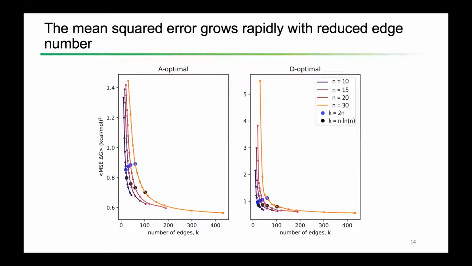And each curve is for a constant number of nodes. And so if you read along the diagonal, you have an increase in the nodes. As you read along the x-axis, the edges are increasing. And for these low edge counts below 2n, you see that the mean squared error rapidly increases.